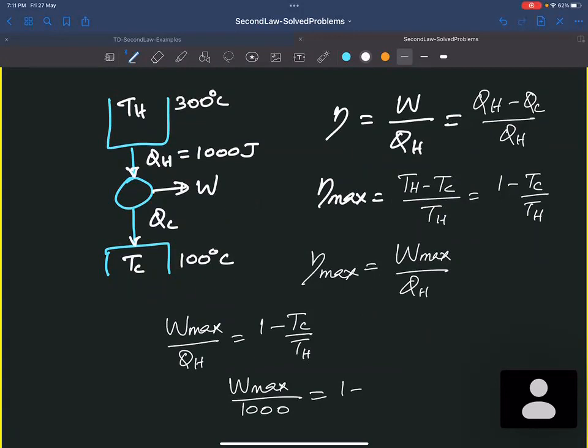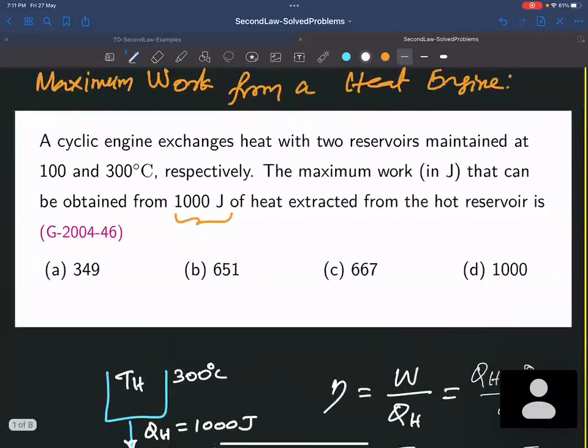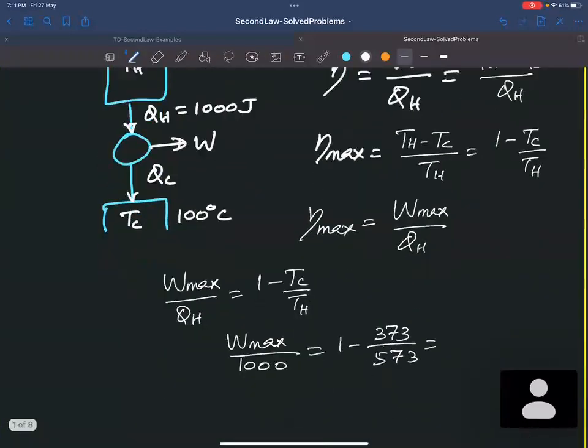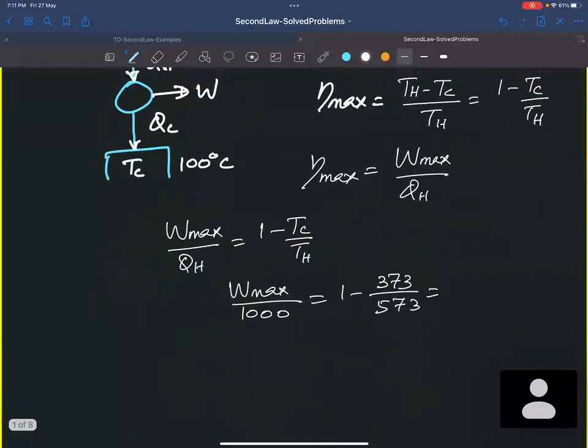So please ensure that you convert the temperature to Kelvin. TC is 273 plus 100, so 373, and TH is 273 plus 300, so 573. So what is the answer? Let's check if any answer matches. From the right hand side, you'll get an efficiency. Multiply that with 1000 and you'll get the work. I have a calculator.